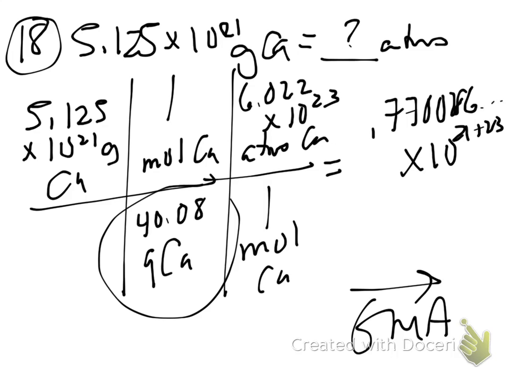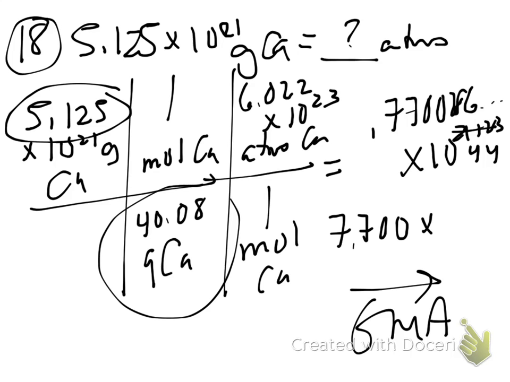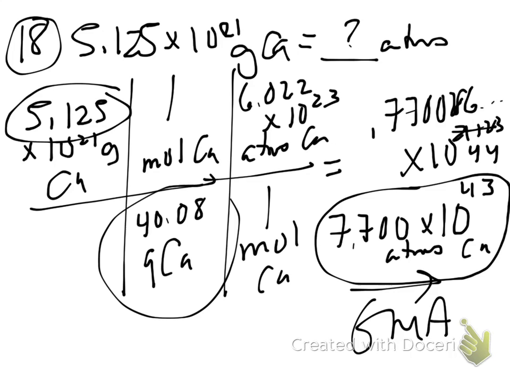So that's 10 to the 44th. When we fix up the scientific notation, remember we have 4 sig figs here. We get 7.700 times 10 to the 43rd atoms of calcium. That's a ridiculous number of atoms of calcium.